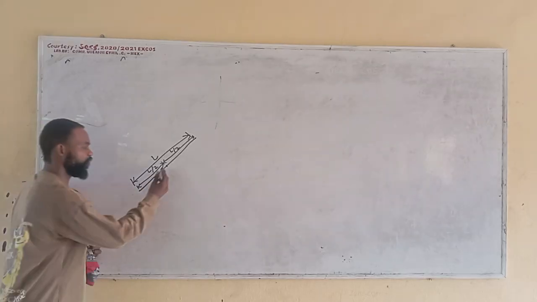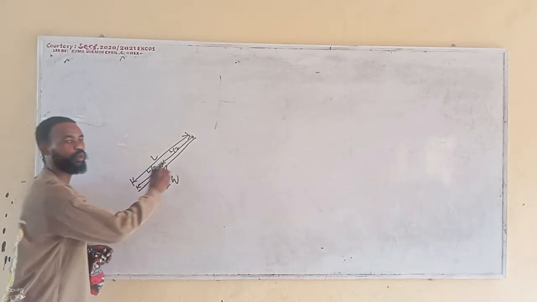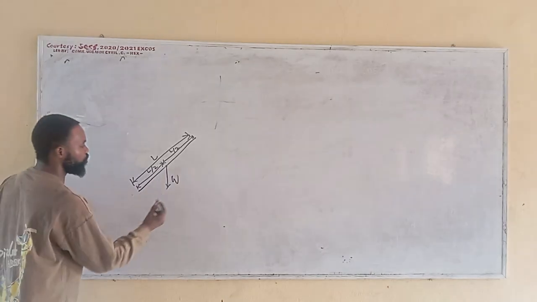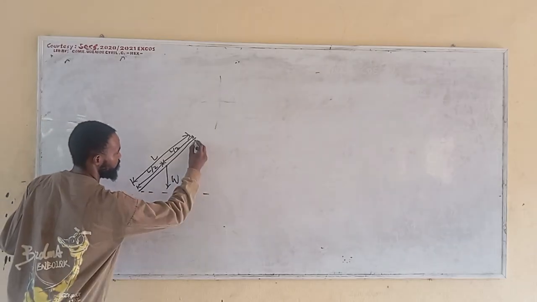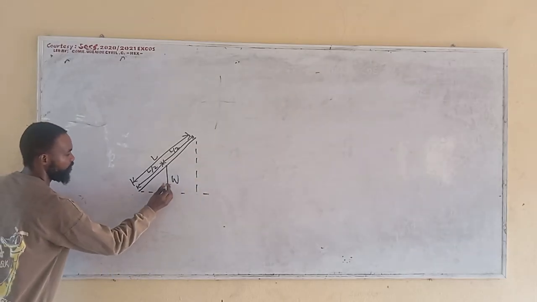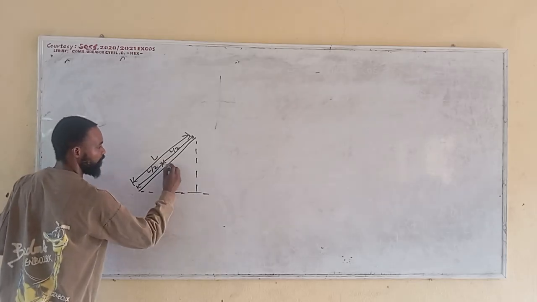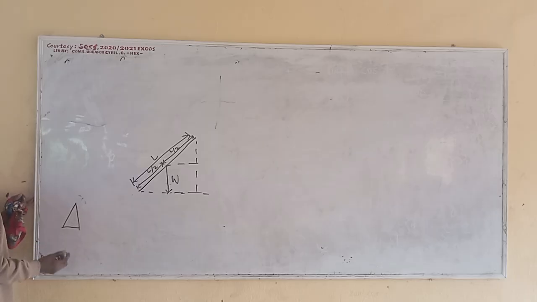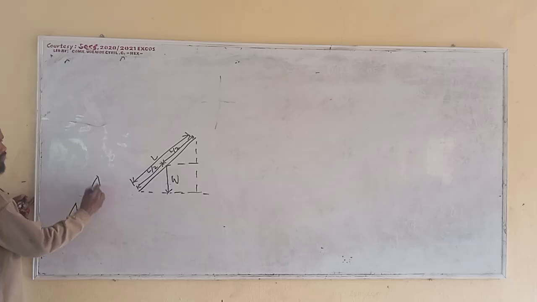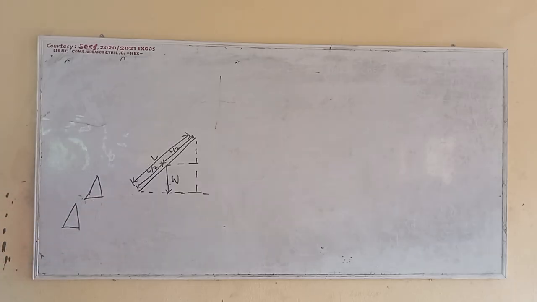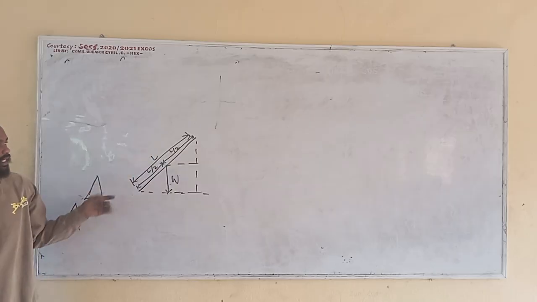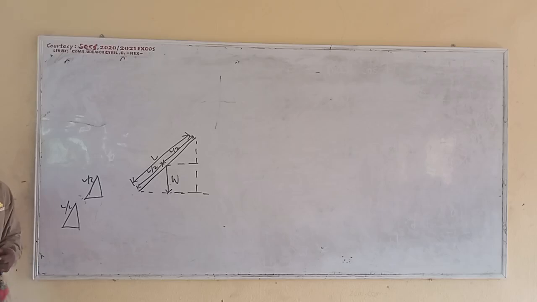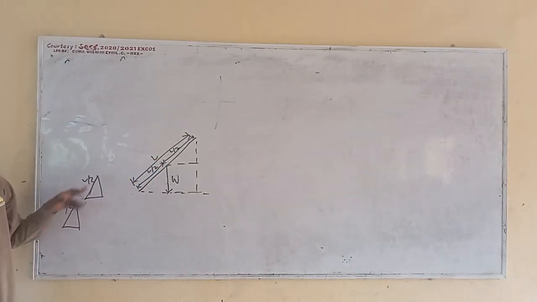If that be the case, and there is weight acting downwards, it simply means that the only length I'm considering here for the ladder is this side, L over 2.